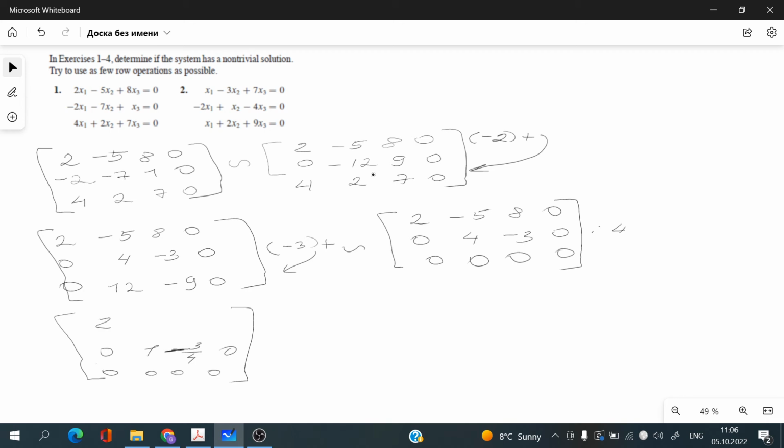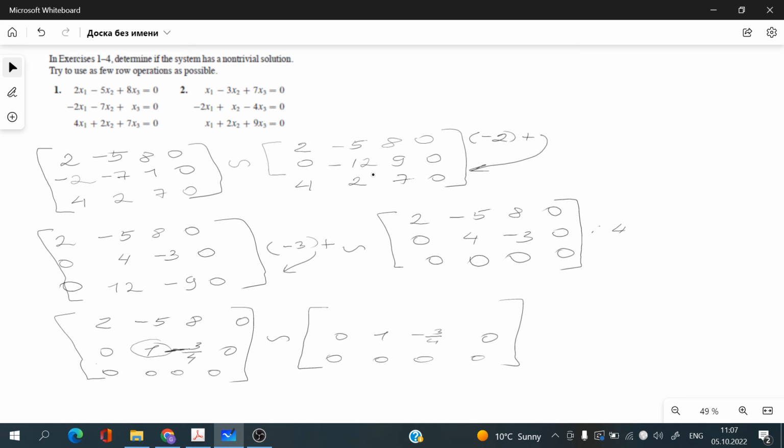And here, let's put it like it is. Okay, so now we have a pivot here, we need to reduce it here, right? So let's multiply by 5 and add them together. So we're going to get 0, 0, 0, 0. Here 0, 1, minus 3 over 4, 0.